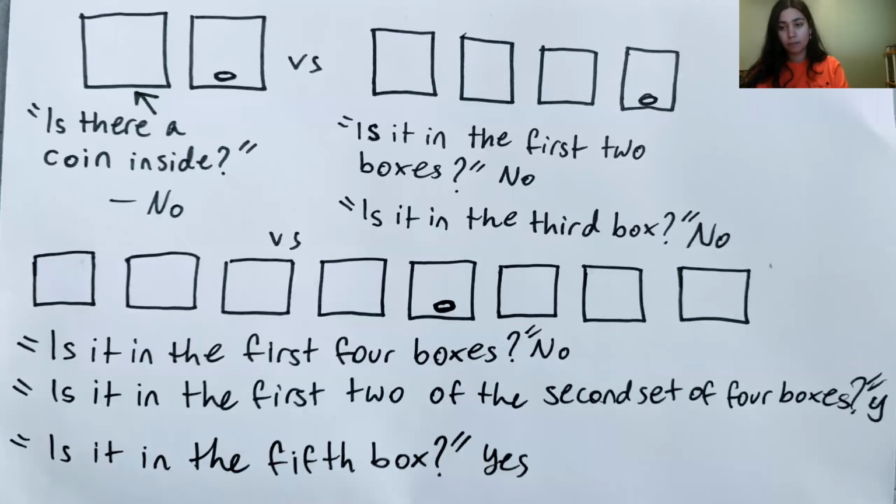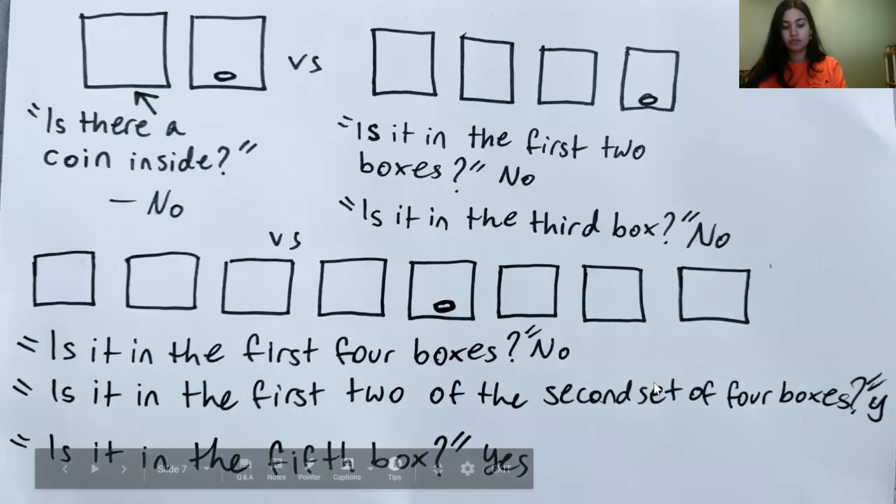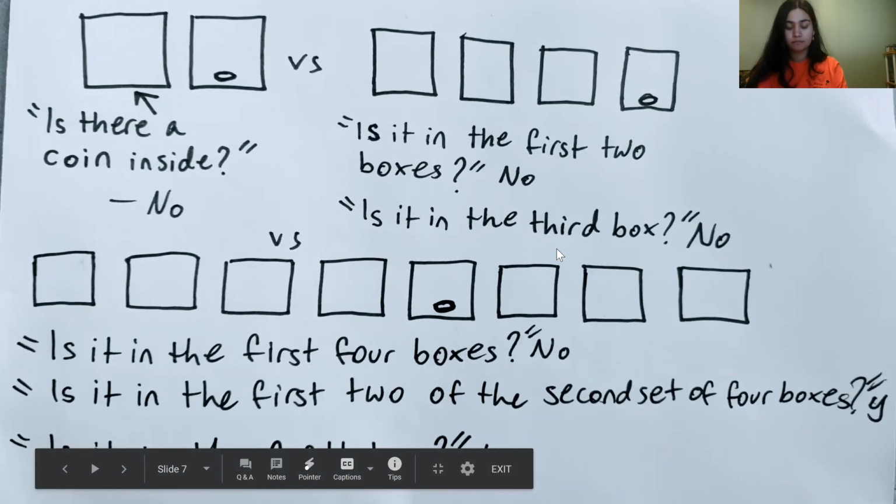So if there is one box, it would take 0 questions to know if the coin is in the box or not. 2 boxes would take 1 question. 4 boxes would take 2 questions. 8 boxes then would take 3 questions, and so on.